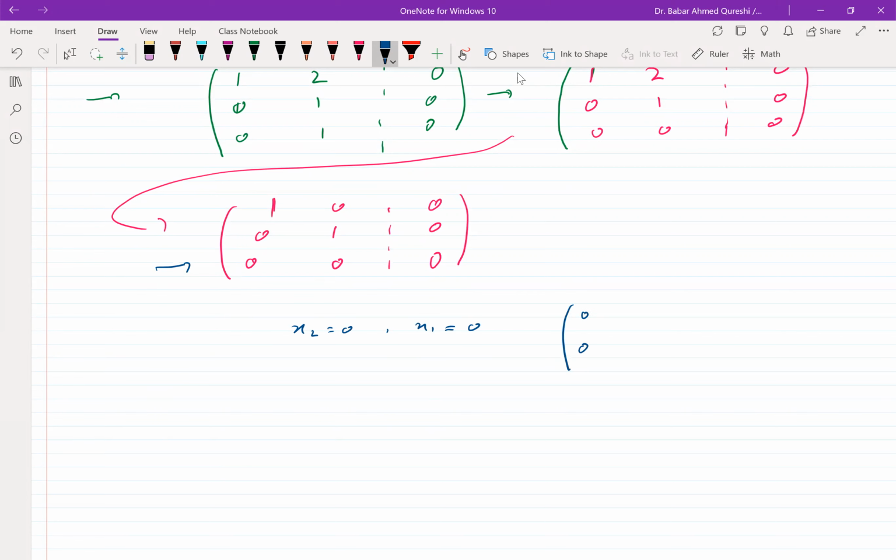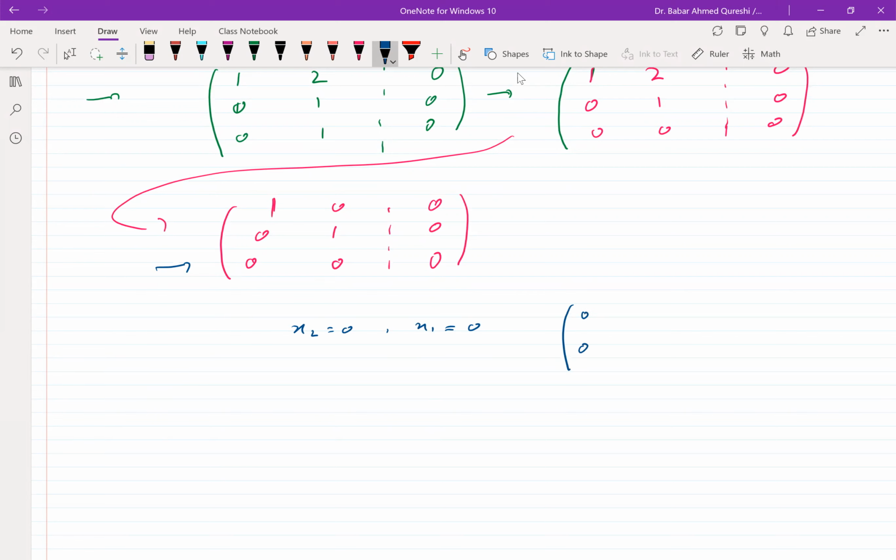That means all the vectors in the null space are of this form: x2 is alpha, x1 is minus 2 alpha, and x3 is minus alpha. So it is indeed what we expected, as we were hoping for.